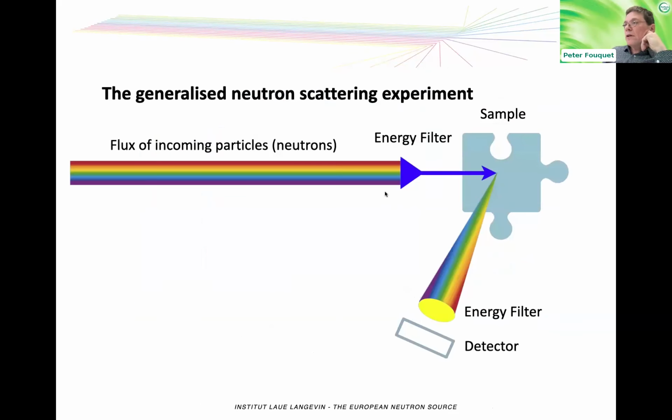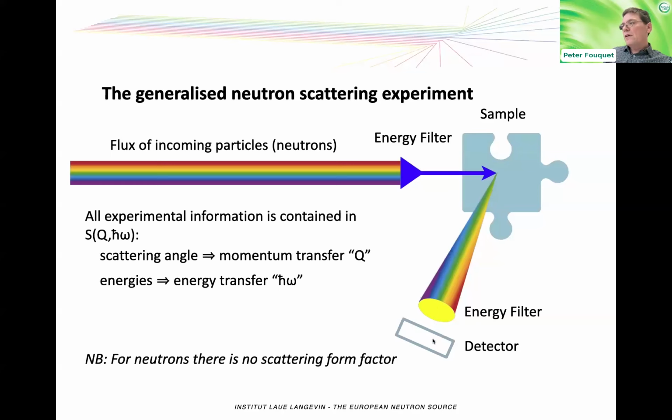Now, in a generalized way, what you do in a neutron scattering experiment or any spectroscopy experiment is you come in with a pretty white light. You apply an energy filter, do scattering from the sample. Then you apply a further energy filter and you measure the signal in the detector.